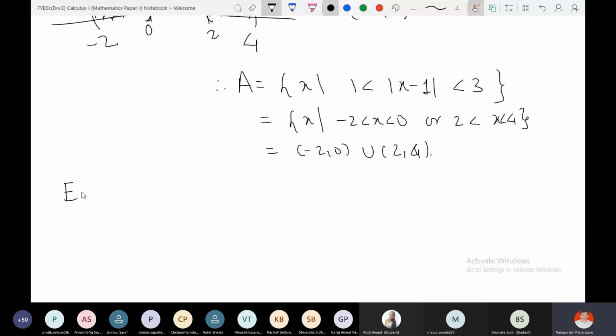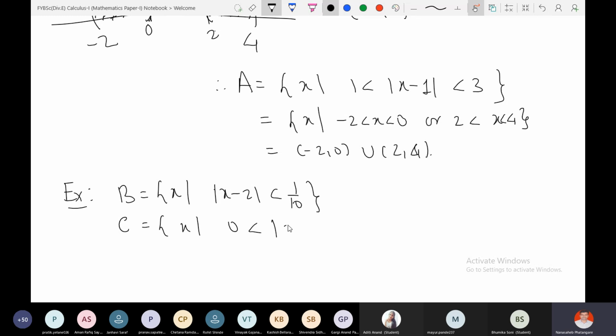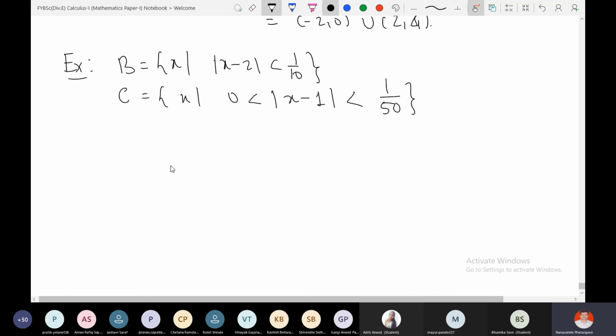Now I will give you some exercises. Determine the following sets: x such that absolute value of x minus 2 less than 1 by 10. Right. C, x such that 0 less than absolute value of x minus 1 less than 1 by 50. You have to determine these sets.